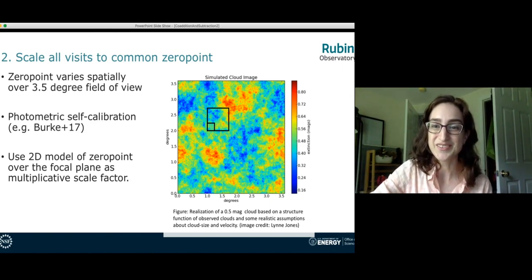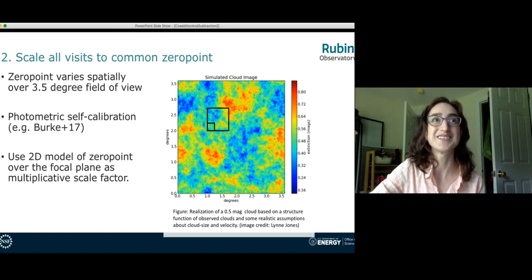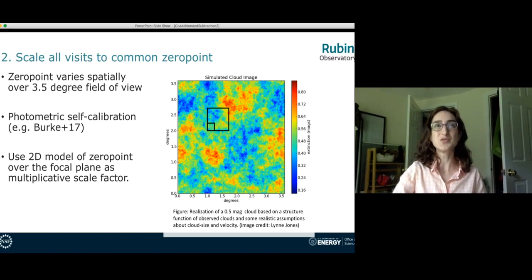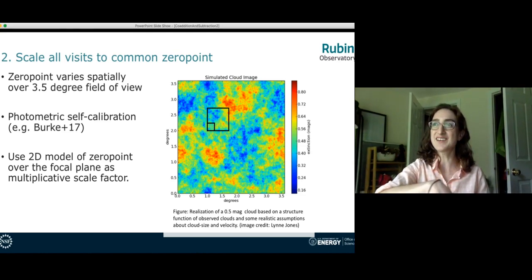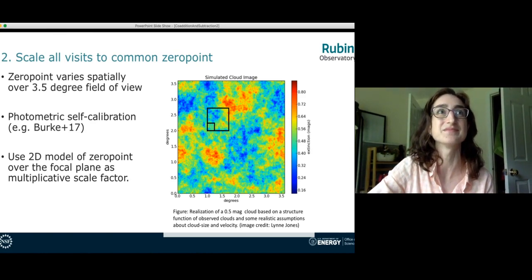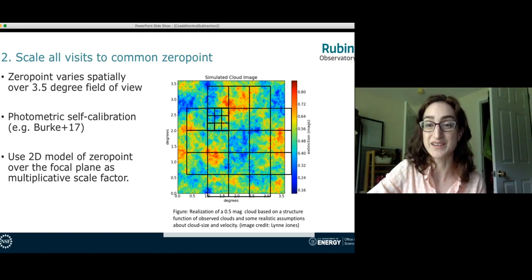So this is where you use your photometric calibration to basically scale each one of your input images to a common flat zero point. This is a multiplicative factor.